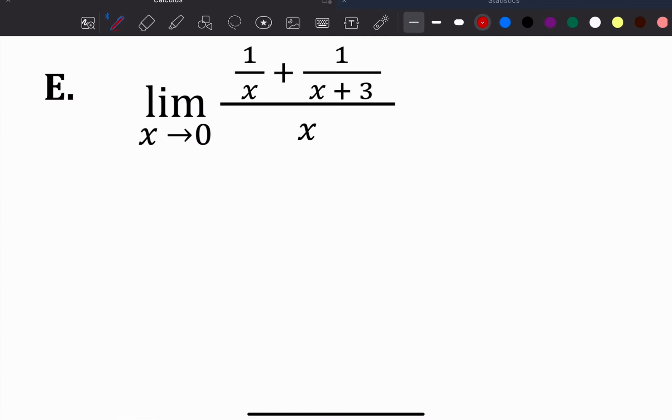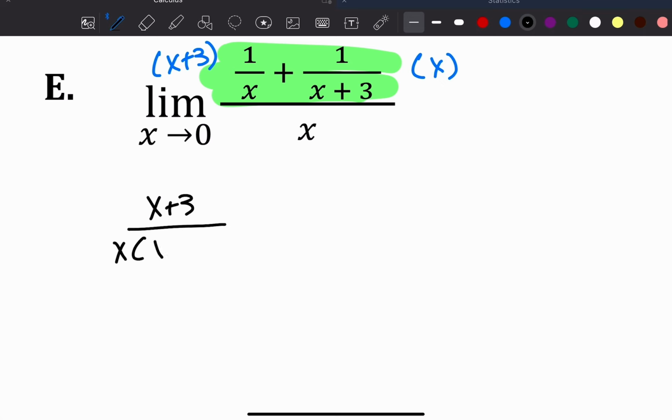Okay, E is another practice of us doing the getting the common denominator in order to cancel something out. So I'm only focusing on the numerator here. I want to try to get a common denominator. So this one is going to be multiplied by x plus 3 and this one by x. So you can do x plus 3 over x times x plus 3 plus x over x times x plus 3.